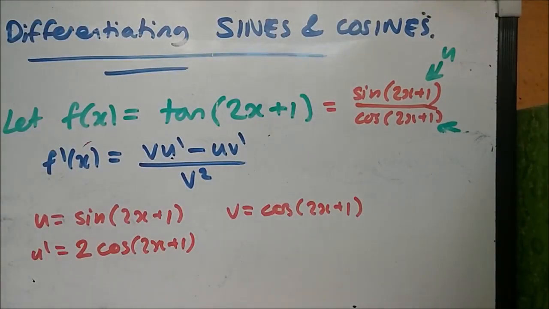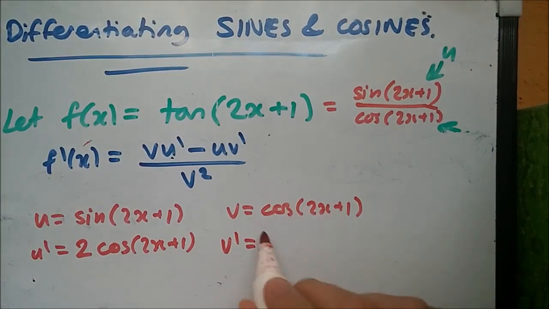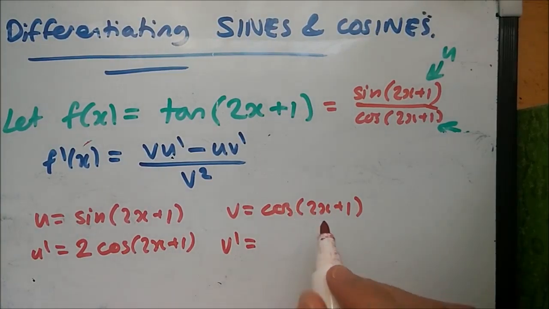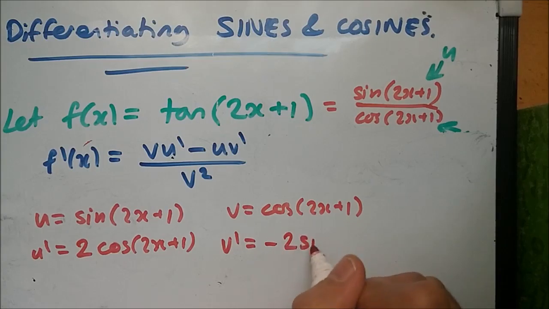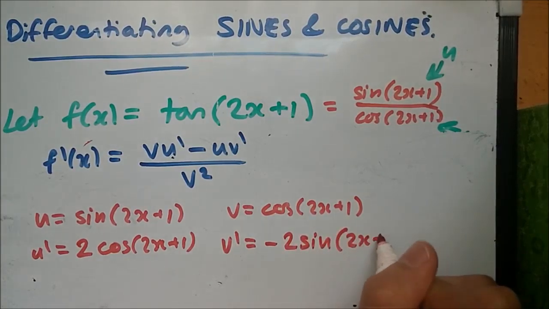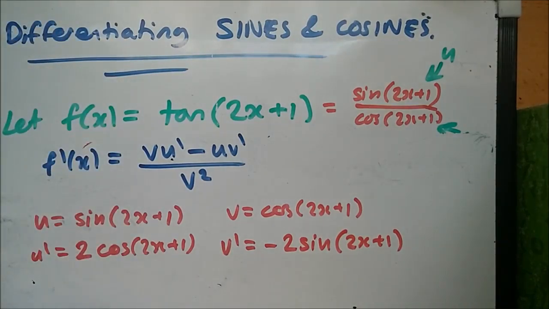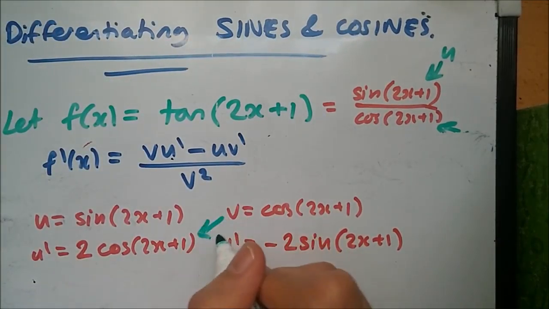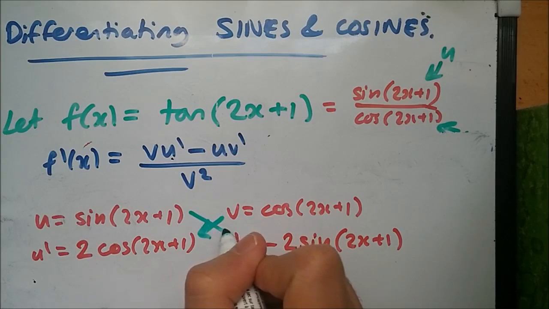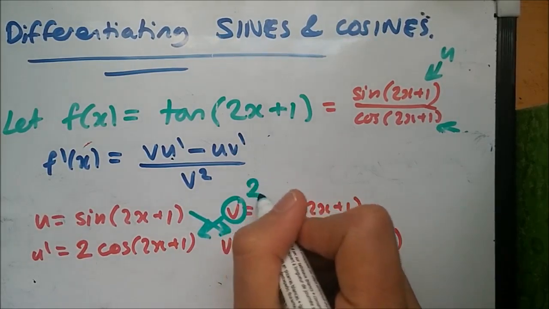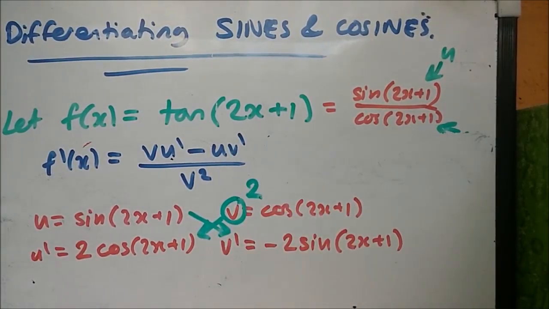Now we differentiate v, so once again, differentiate inside we get 2, differentiating cos we get negative sine, so it'll be negative 2 sine of 2x plus 1. Using the quotient rule, it's going to be v times u prime minus u times v prime over v squared. That's how I like to write it.